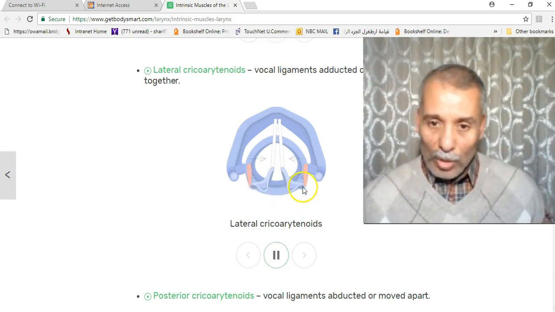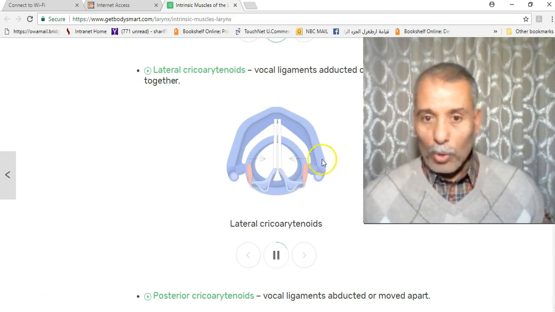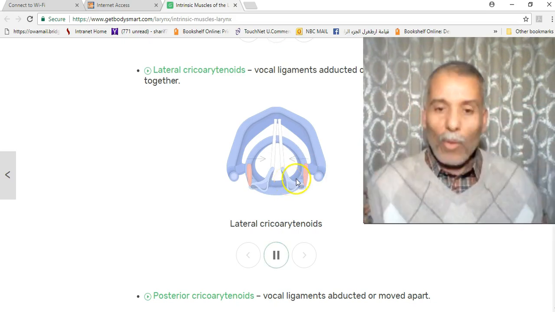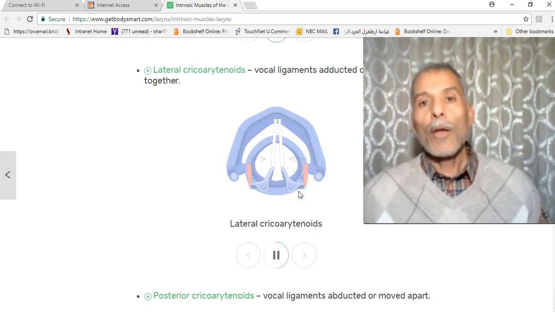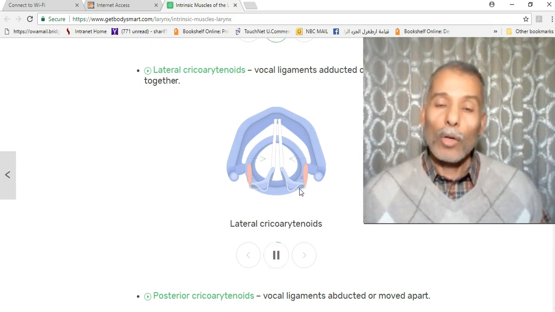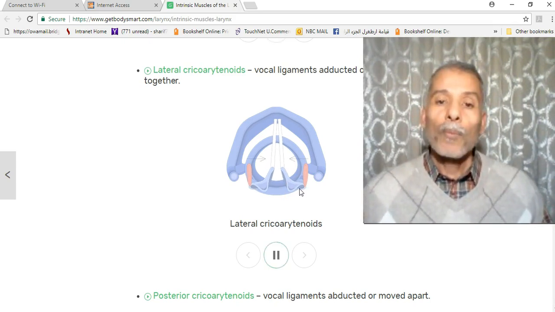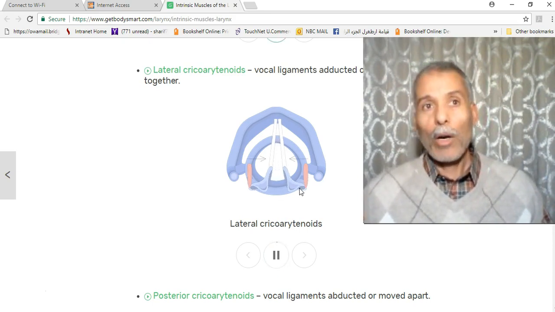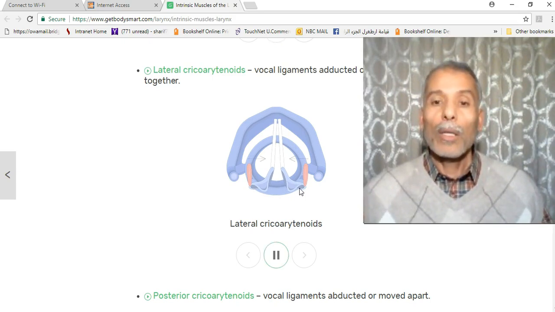But when it contracts, it will be pulling this end this way, and it will be rotating the arytenoids away from the midline. So in other words, the lateral cricoarytenoid muscle reverses the action of the posterior cricoarytenoid, and the posterior cricoarytenoid reverses the action of the lateral cricoarytenoid.